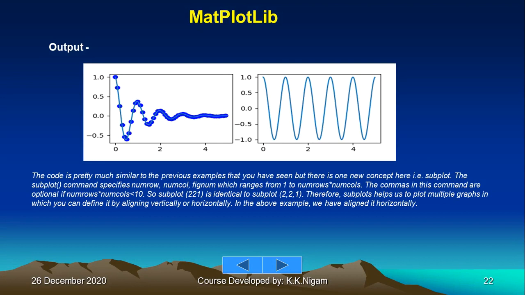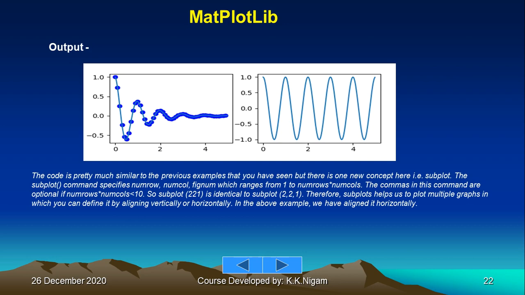So the subplot command specifies numrows, numcols, fignum, where fignum ranges from 1 to numrows times numcols.